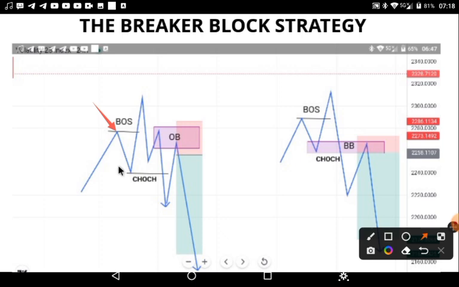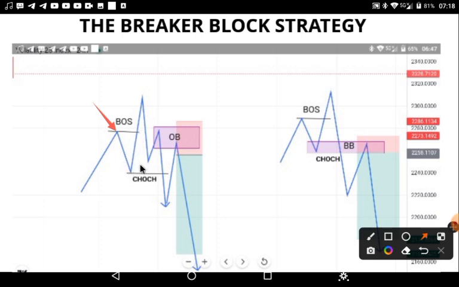Now, from this level where it broke the high to this level where it retraced to before reversing, and then back to this point where it broke it, we regard it as a structure.